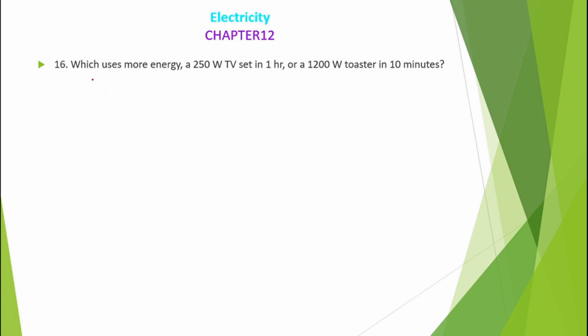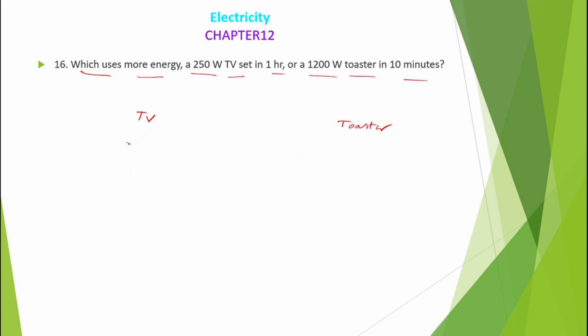So here he is asking which uses more energy, a 250 watt TV set in 1 hour or a 1200 watt toaster in 10 minutes. See, he is having two instruments, that is resistors, one TV and one toaster.